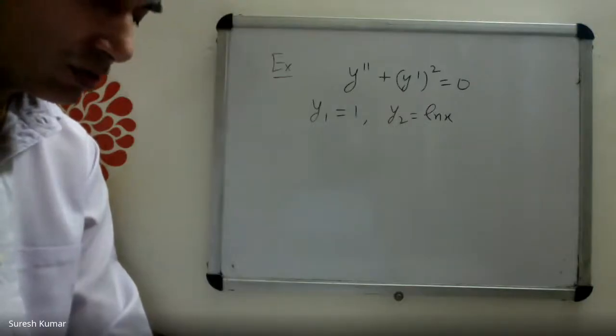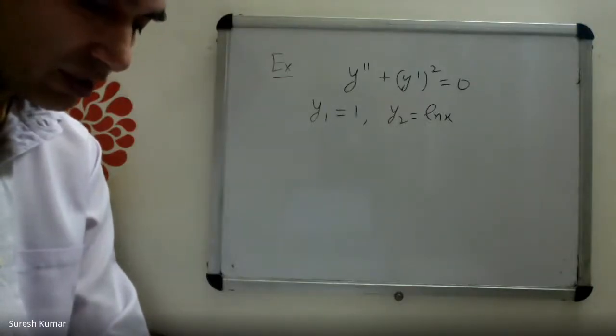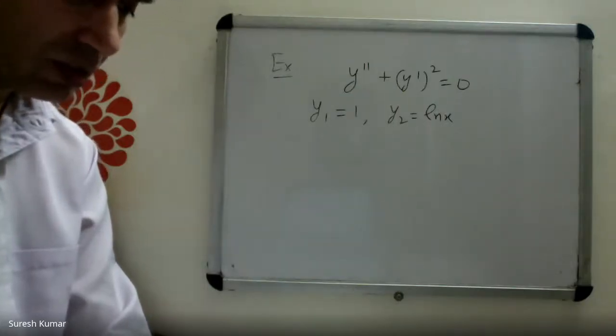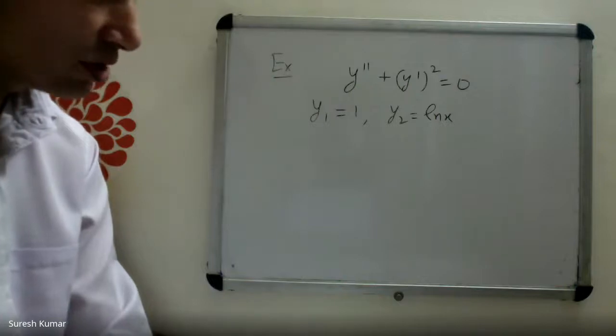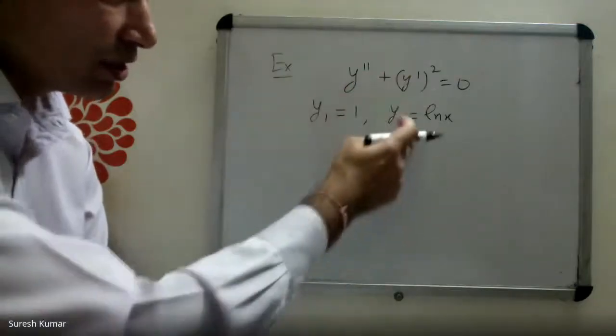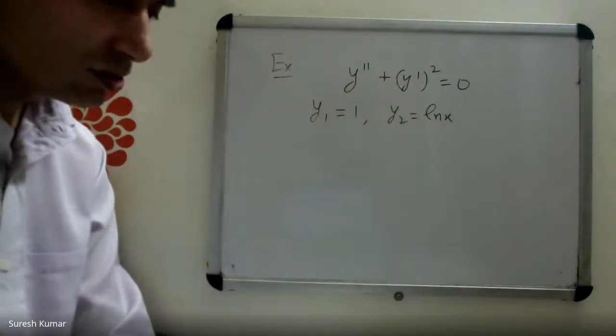Are these solutions of this differential equation? First check it. Are these two particular solutions of this differential equation? Yes, sir. One is very clear, one is satisfying, and ln x is also satisfying it.